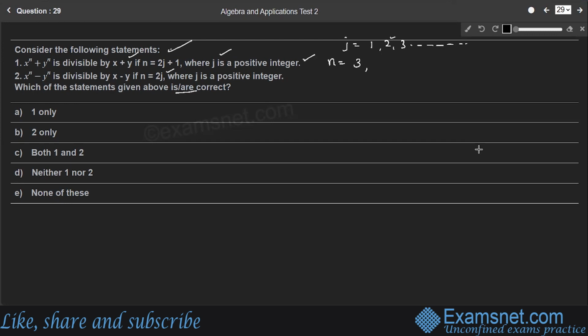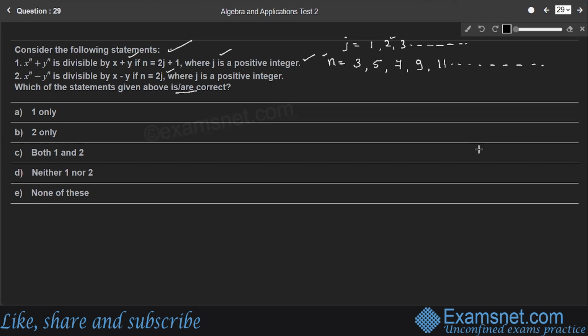If j is 2, n becomes 2 into 2 plus 1, which is 5. If j is 3, n becomes 2 into 3, which is 6, plus 1, 7. If j is 4, n becomes 9. J is 5, n becomes 11, and so on. So the value of n becomes 3, 5, 7, 9, all odd numbers from 3.